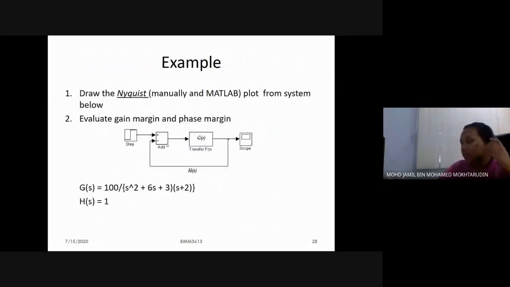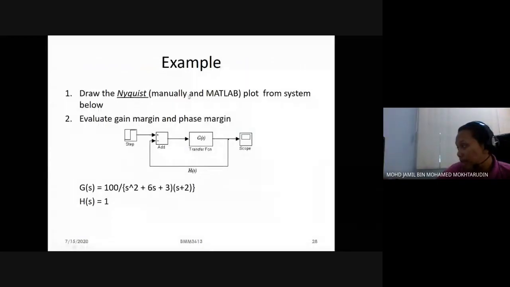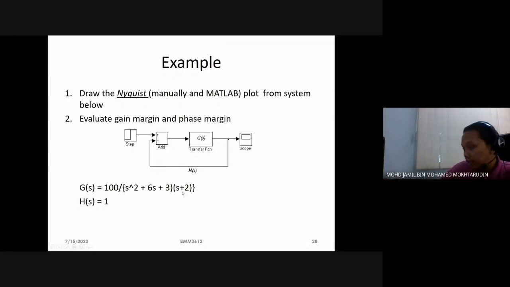Okay, so we look at an example. Draw the Nyquist plot using MATLAB. Ignore the MATLAB part. Here the transfer function is given like this. If you write this as a fraction, it is s squared plus 6s plus 3.